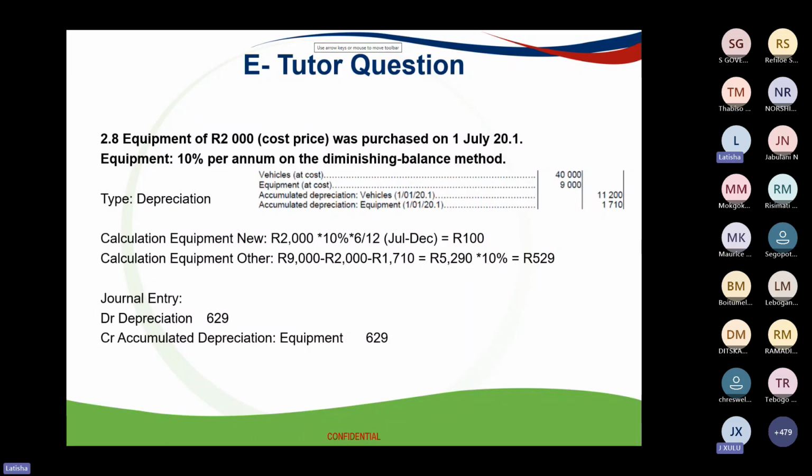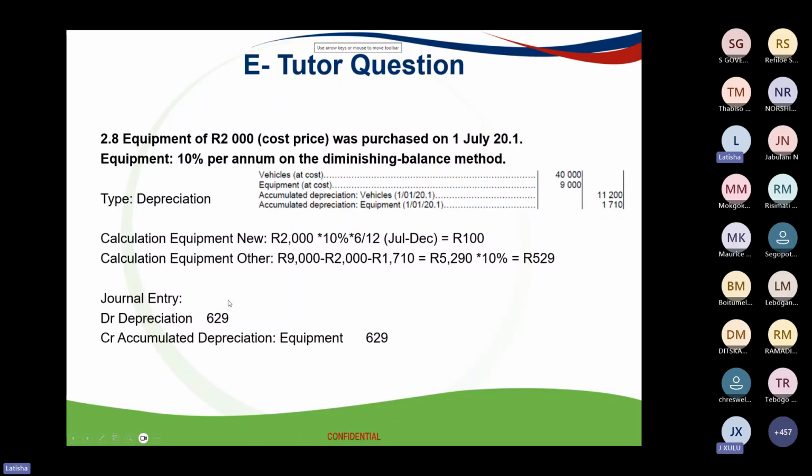Is there something you don't understand, or is it just overall? I don't understand where you get that 529, and then in the journal entry to debit depreciation, you give us 629. Where do you get that 629 from?